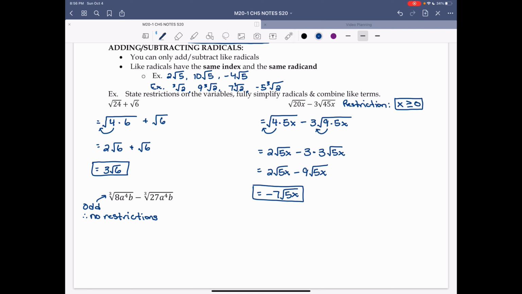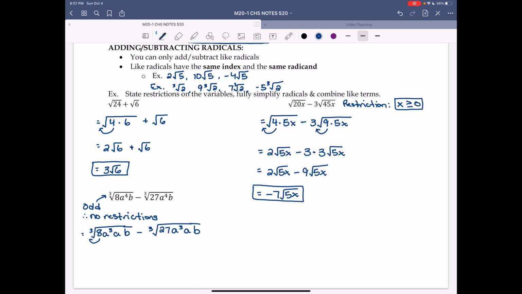It's 8. 8 happens to be a perfect cube. Cube root of 8. We want to split a to the 4 up so that we have an exponent that's divisible by 3. So a to the 3 times a. Then we have b minus the cube root of the biggest perfect cube that divides 27, which is 27. Again, it's a perfect cube. A to the 4 we want to split up as a to the 3 times a, and then we have b.